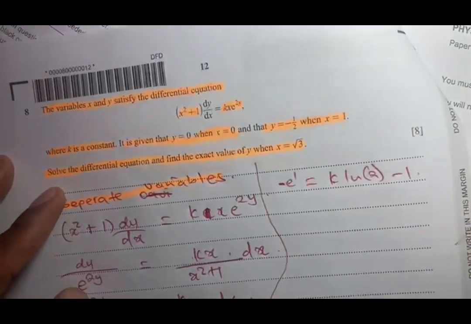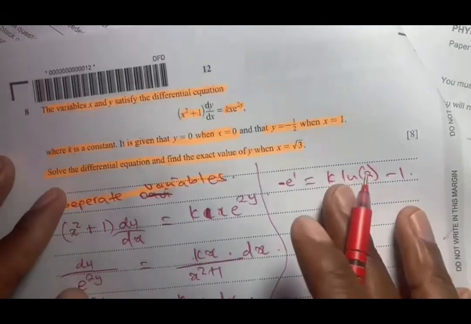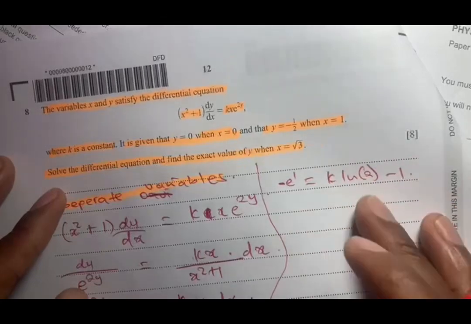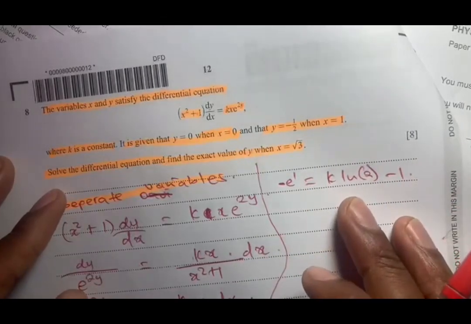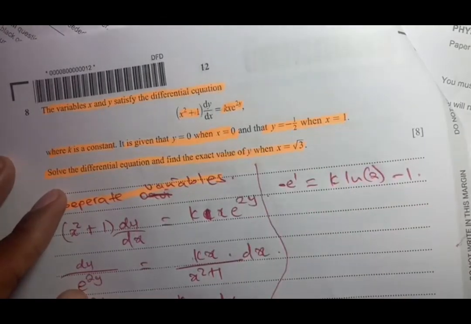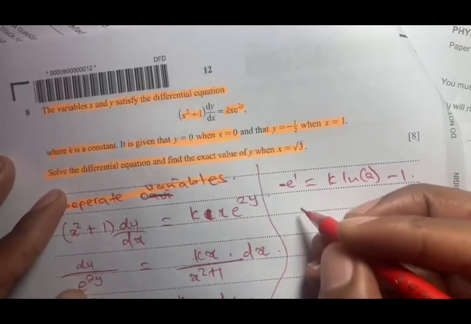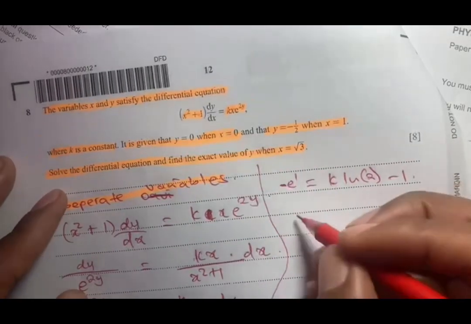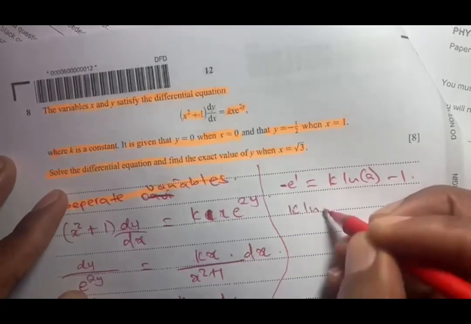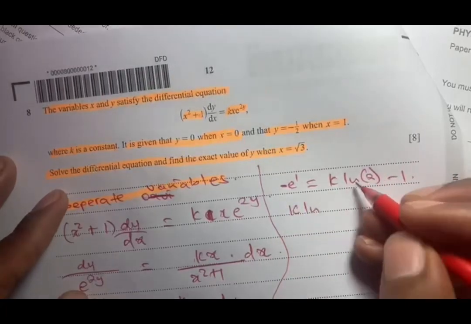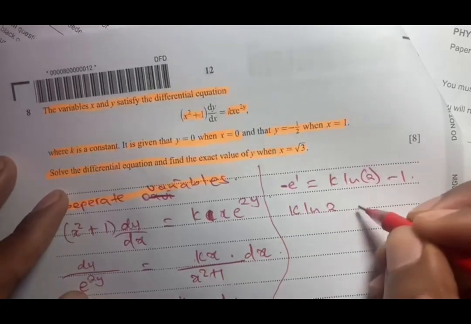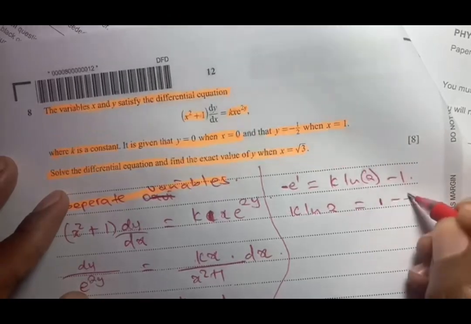Then if you simplify this one here, because I want to come out with k, I'll have a ln t is equal to 1 minus e, so a ln t is equivalent to 1 minus t.